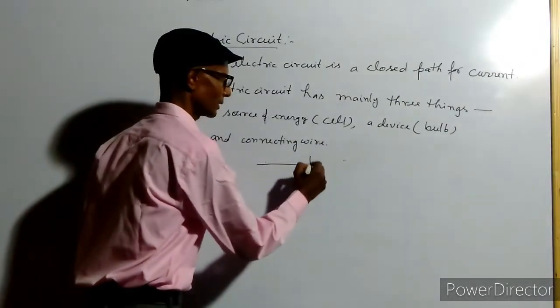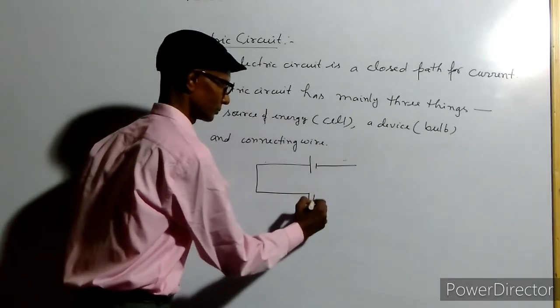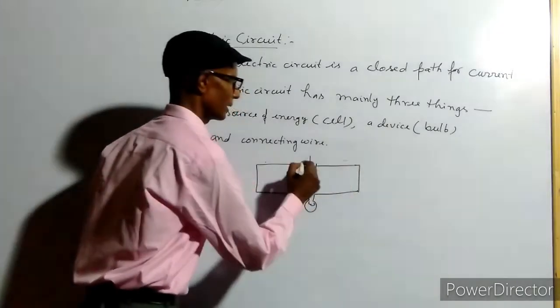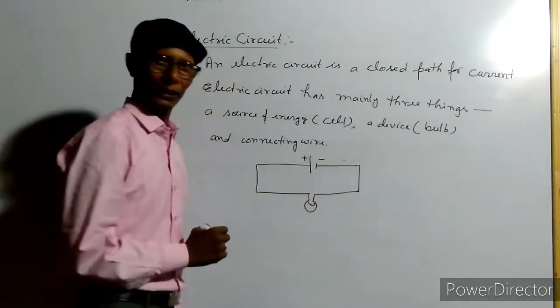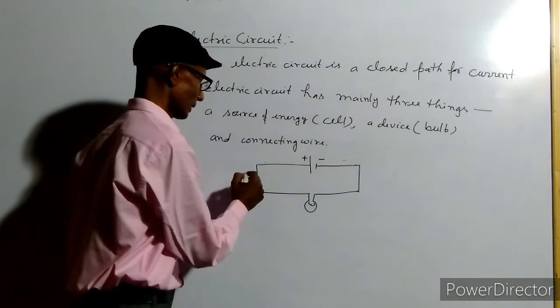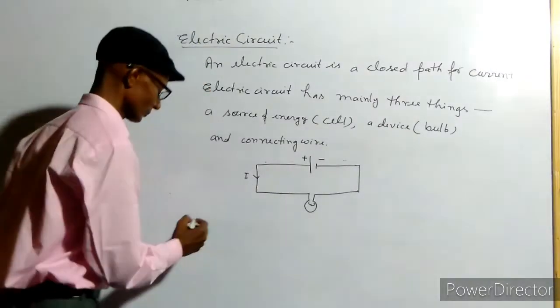We see electric circuit in figure. Here cell, positive terminal, negative terminal, bulb uses electricity and current flows from positive terminal to negative terminal.